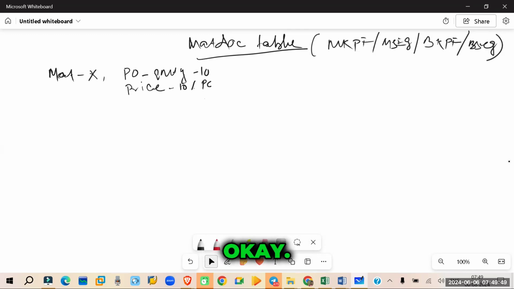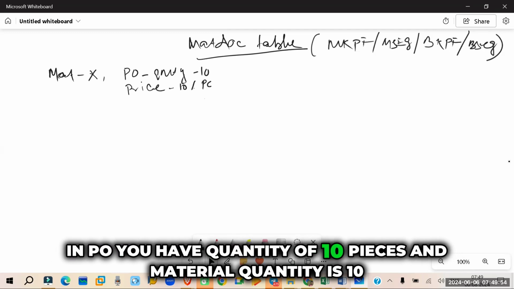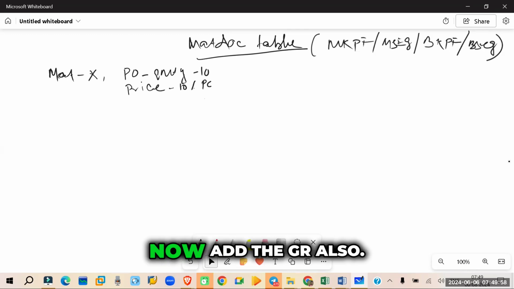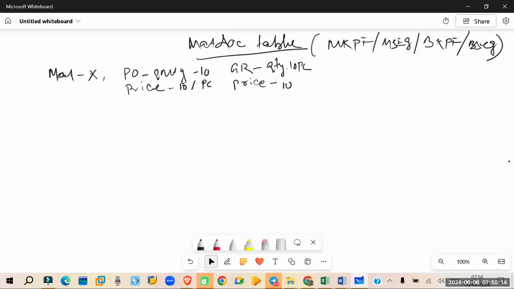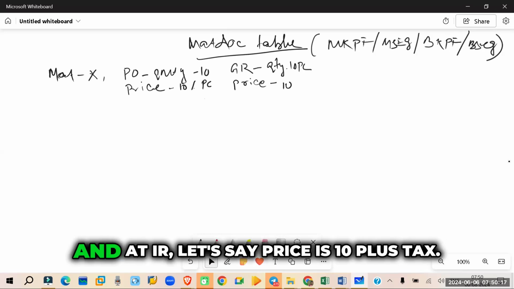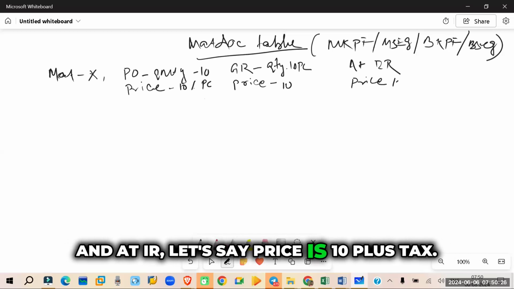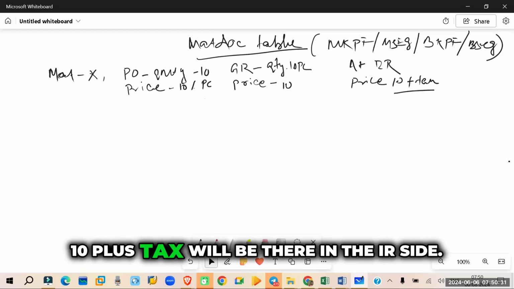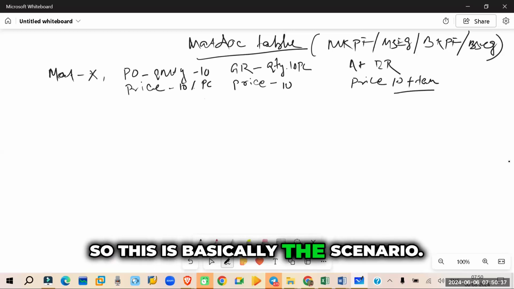At the GR also, quantity is 10 pieces, price is 10 rupees. At the IR, let's say the price is 10 plus tax. So we have to pay the tax; 10 plus tax will be on the IR side. So this is basically the scenario.